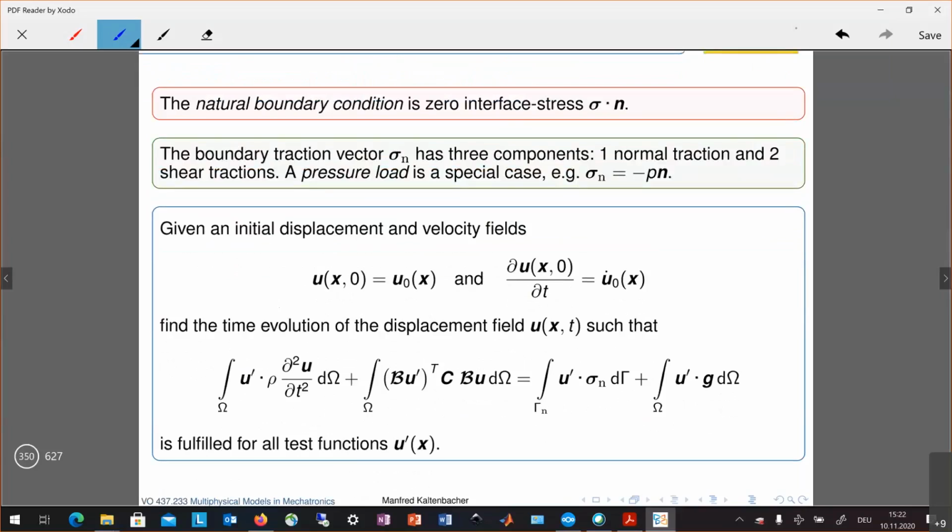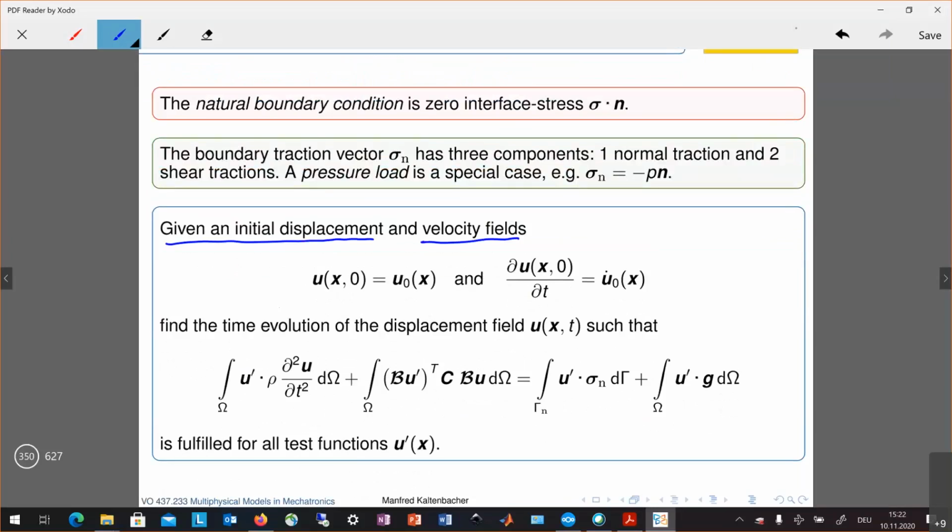We assume that we have given initial displacement and velocity fields, and we are searching for the mechanical displacement field fulfilling this equation here, where we have our standard inertia term, the second time derivative of the mechanical displacement scaled by the density of our body, and we have here our classical term which we have obtained due to the integration by parts, where we have here our material tensor C and the P operator operating on the unknown displacement u and on the test function.